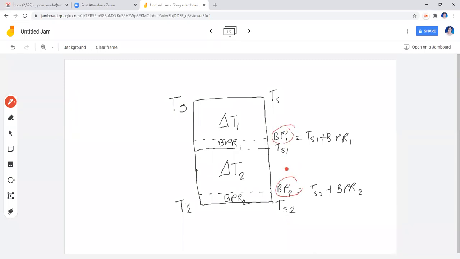You're going to use the BP1 and the BP2 in determining the enthalpy of your solution for effects 1 and 2 respectively, not the TS1 and the TS2, because this time you already have the BPR.